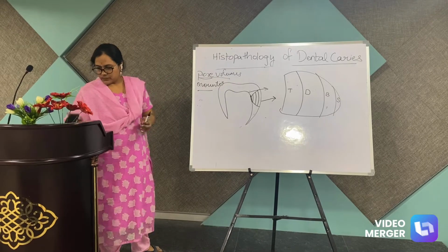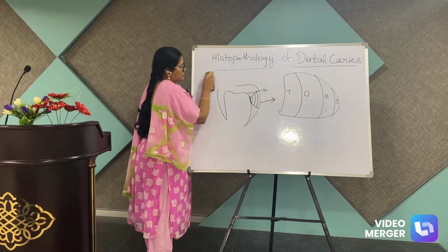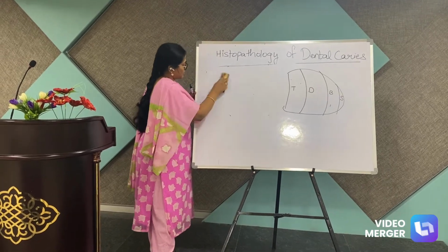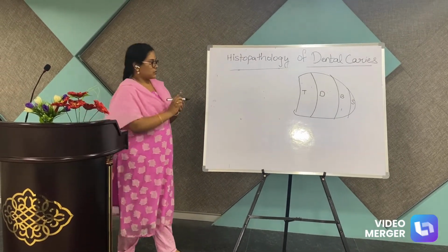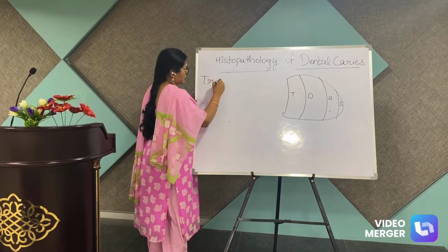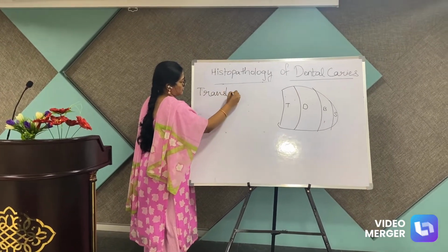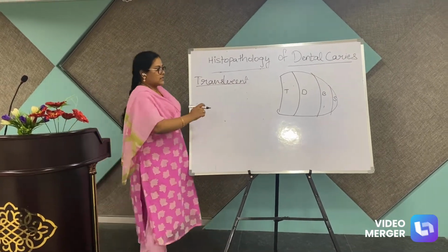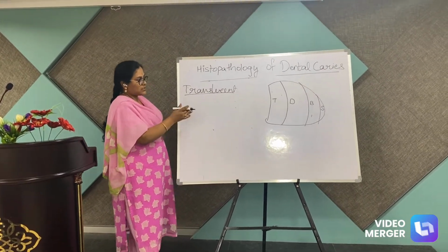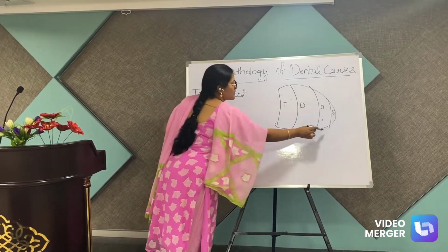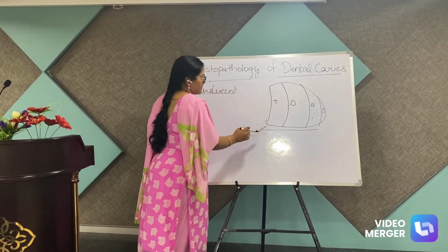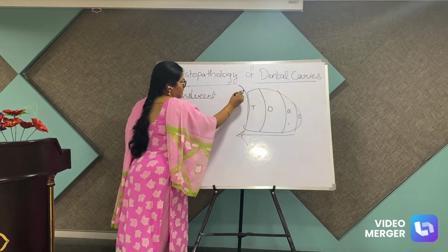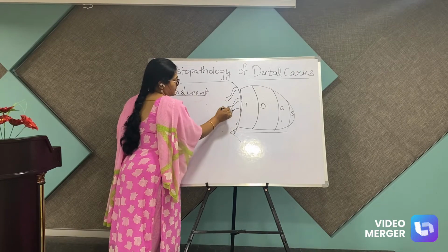So if we look into the further aspect of the zones, first let's talk about the translucent zone. Why is it called the translucent zone? This zone is considered the advancing front of the decay. Just beneath this zone you have the dentin, the dentinal tubules.